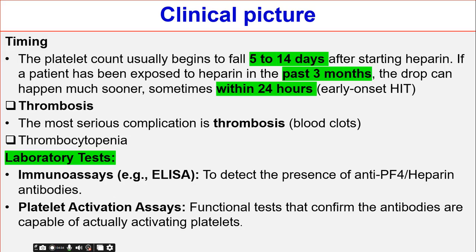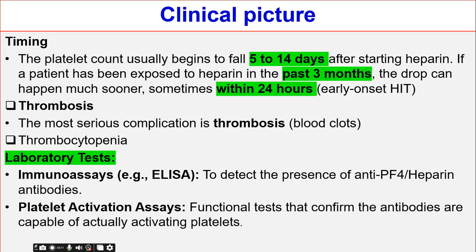But if the patient wasn't exposed to heparin before, the onset starts around 5 to 14 days. This is the timing. The clinical picture the patients come with is a drop of platelet count about 50% from the baseline, and thrombosis occurring in spite of heparin therapy. And this is an important clinical picture.